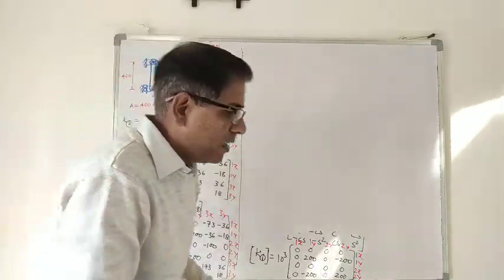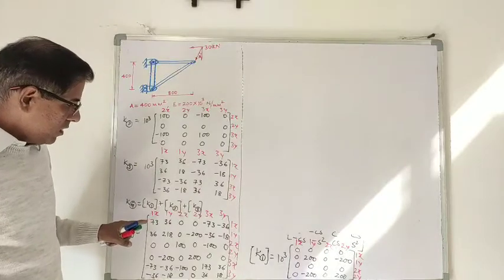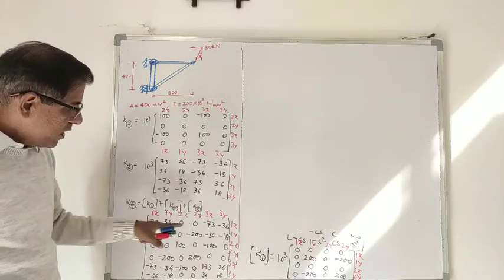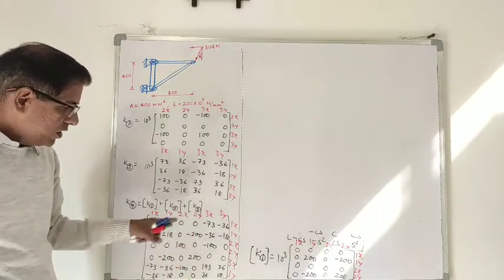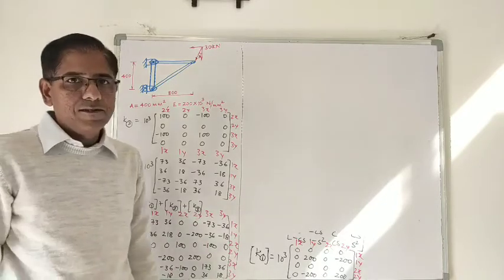So if you assemble K1, K2 and K3 by putting the proper values at 1x, 1y and all these positions, you will get the global stiffness matrix as this.